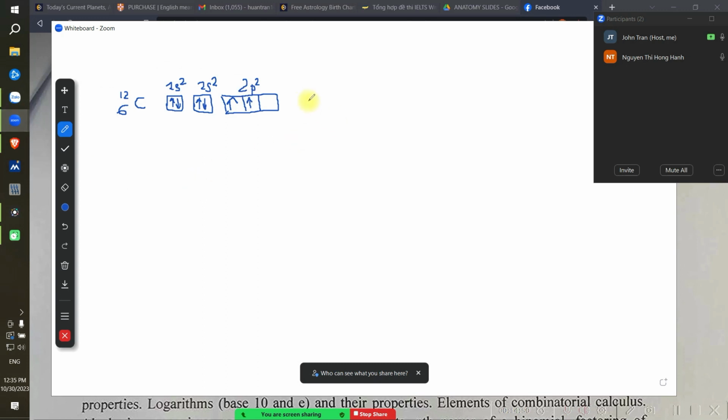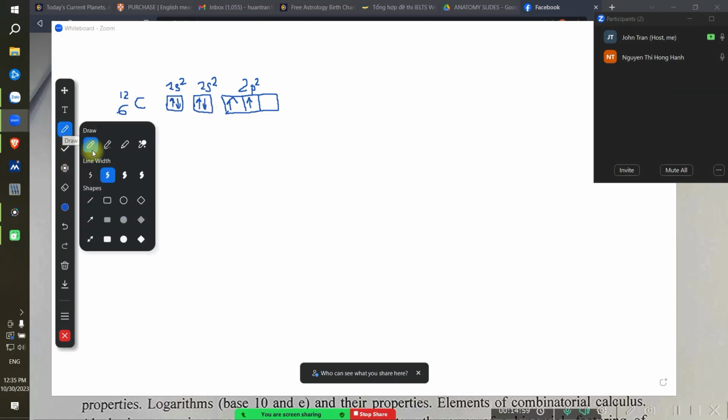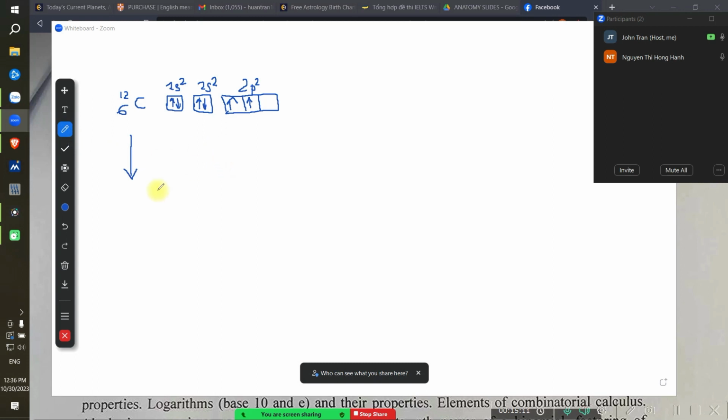However, carbon needs to go through a process. One electron from here will have to jump here.